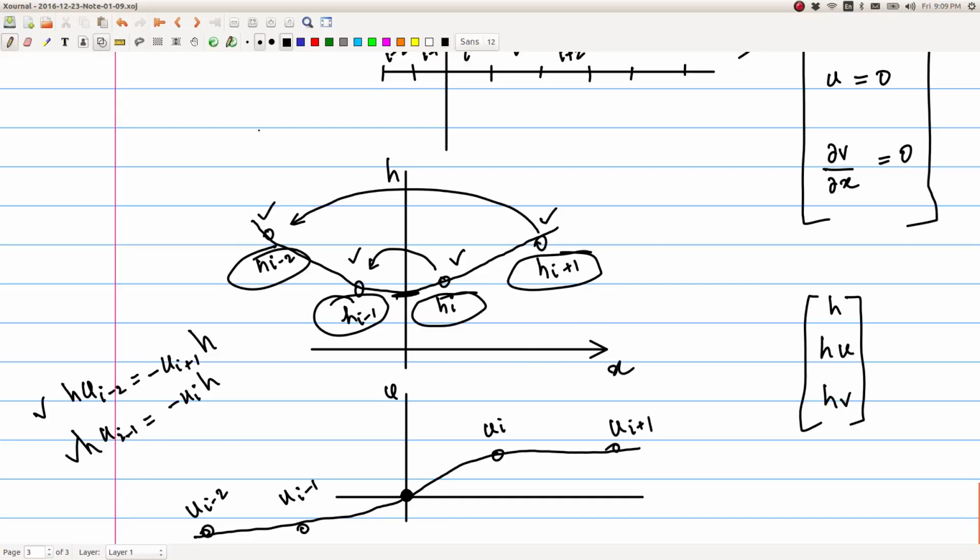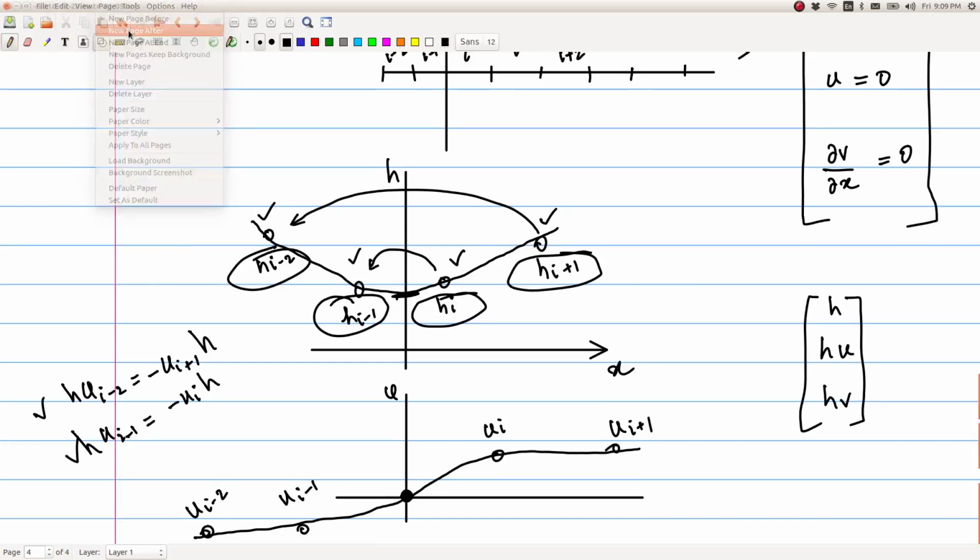Now the third boundary condition is a little bit tricky, so let us try to understand that. The third boundary condition we need to apply is del v by del x is equal to 0, and the conservative vector that we have is h, hu and hv for all the internal points. Let us consider this is equal to u3, that is the third value in this vector.